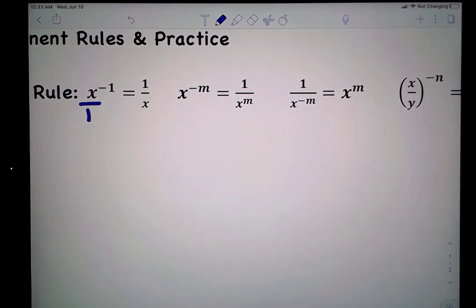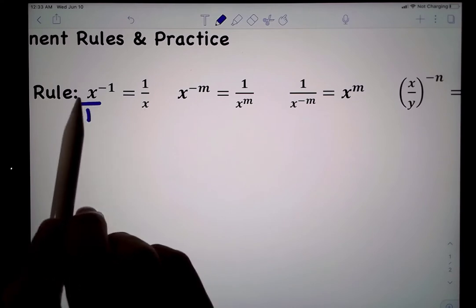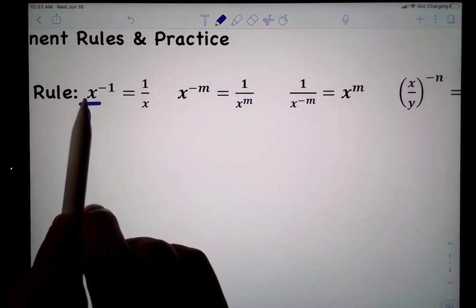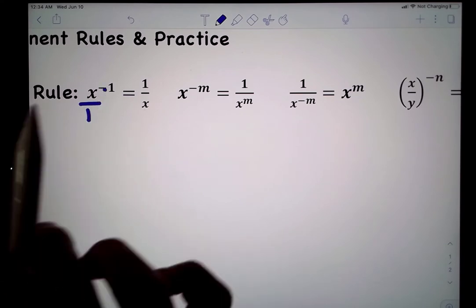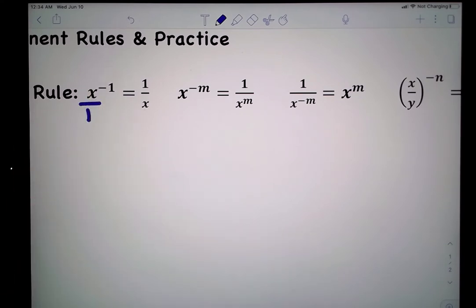And when you see a negative power, you're flipping your fraction, so your numerator and denominator switch. This negative cannot make your number a negative number. A negative power does not have any relationship with negative or positive numbers; a negative power is related to flipping your fraction.